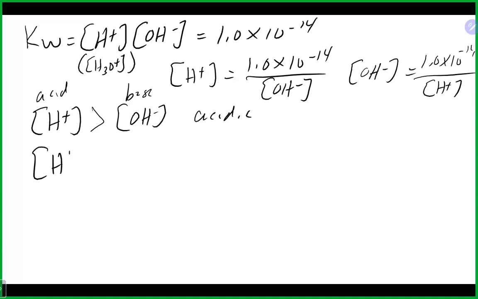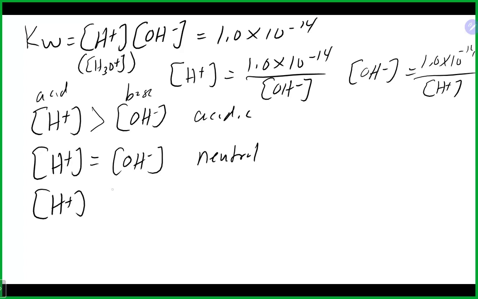If the H plus concentration equals the OH minus concentration, then they both equal 1 times 10 to the minus 7, and it will be a neutral solution. And if the H plus concentration is less than the OH minus concentration, then it's going to be a basic solution for sure. So you can use the comparisons there.